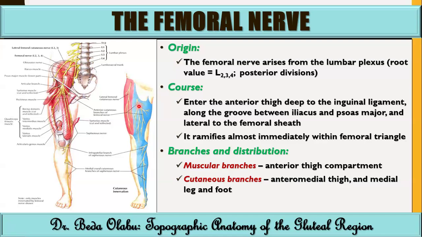However, the nerve will also terminate by giving us a very long nerve we call the saphenous nerve that runs on the medial aspect of the leg and foot. So the saphenous nerve will also supply the medial aspect of the leg and foot. That is still territory of the femoral nerve. The saphenous nerve is considered the terminal branch of the femoral nerve.